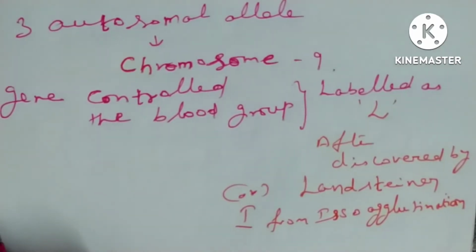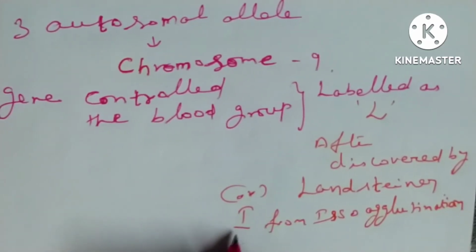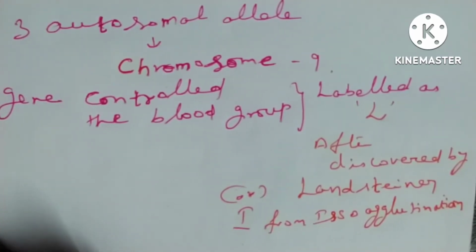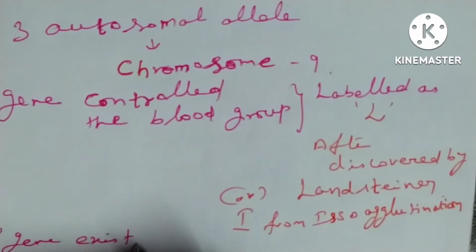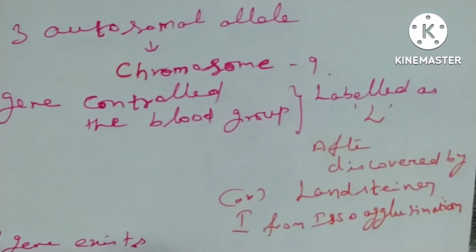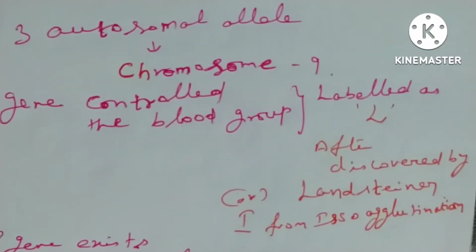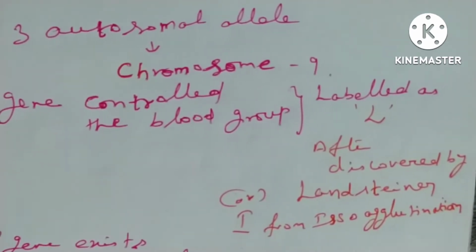You see, the I gene exists in three allelic forms. What are they? IA, IB and IO.